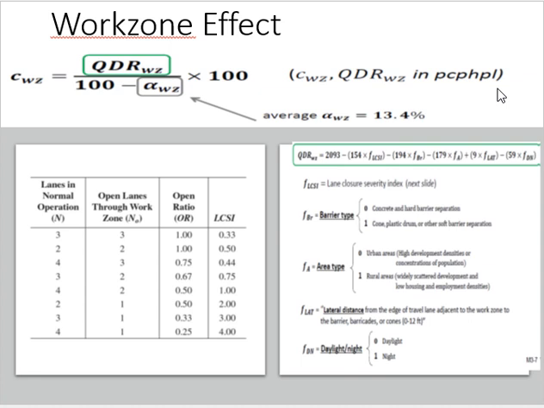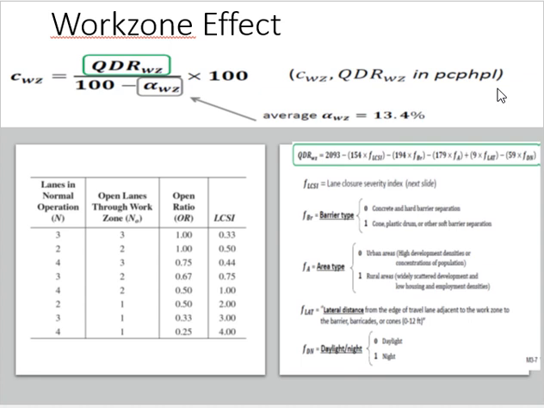Okay, next factor is barrier type. Okay, what type of barrier do we have? Concrete. So the factor is 0. Okay, next factor is area type, urban or rural? Rural. Okay, so the factor is 1. Okay, how much distance between the barrier and the road? 0.